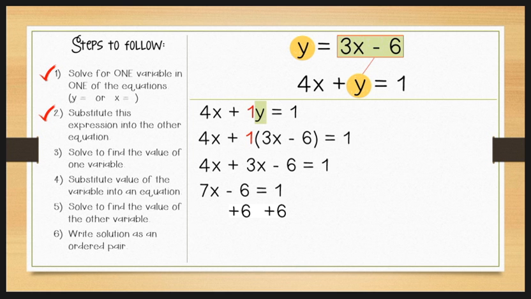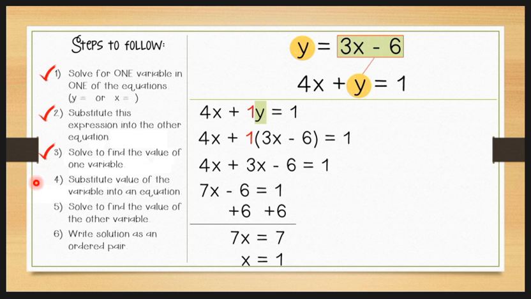We can add 6 to both sides of the equation, so we would have 7x equals 7. And to isolate x, we would divide both sides by 7, so we would get our x value to be 1. Now we have completed our third step, and we have solved to find the value of one of the variables.